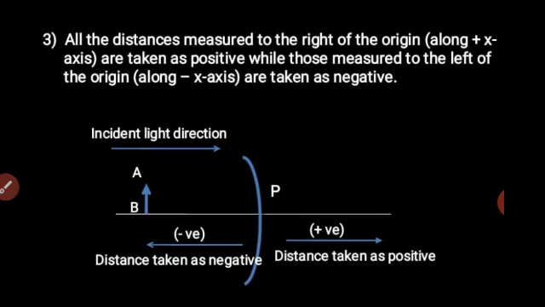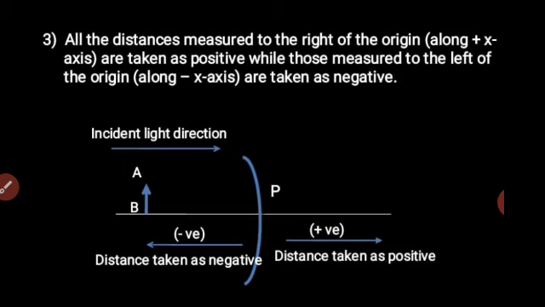The concave mirror with the object AB placed in front of it is shown. Light from the object falls on the mirror, so the incident light is directed from left hand side to the right hand side. Now, any distance that we measure from left to right here will be positive, while those measured from right to left will be negative.